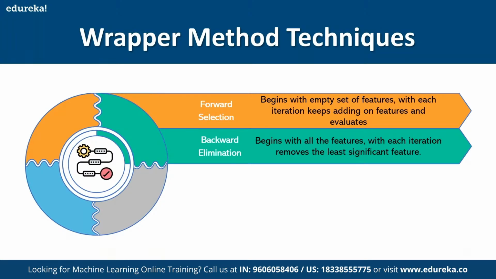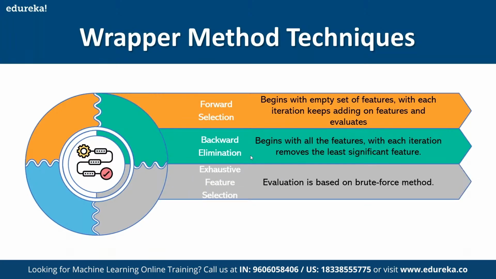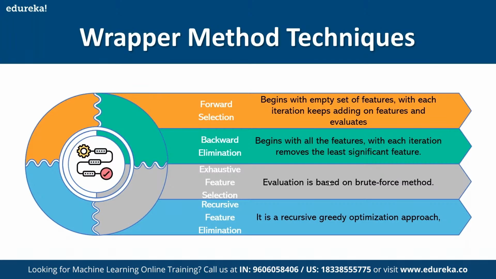Now, under this wrapper method, we have the techniques of forward selection, backward selection, and there's one more technique called exhaustive feature selection, and recursive feature elimination. Forward selection begins with the empty set of features, and with each iteration it keeps on adding features and evaluates them.